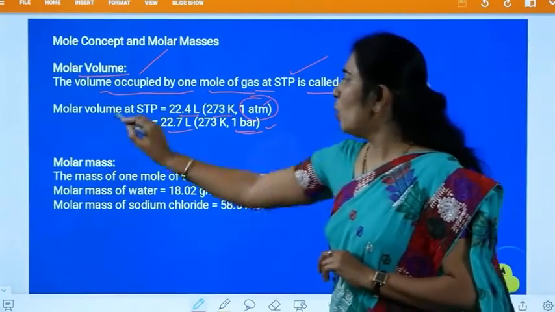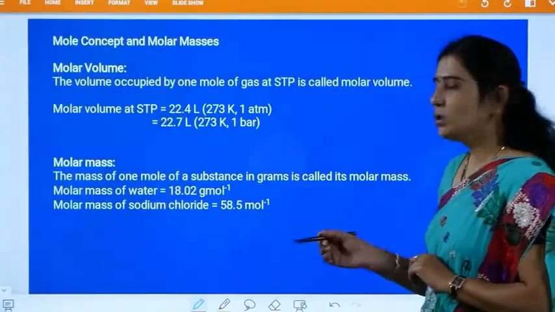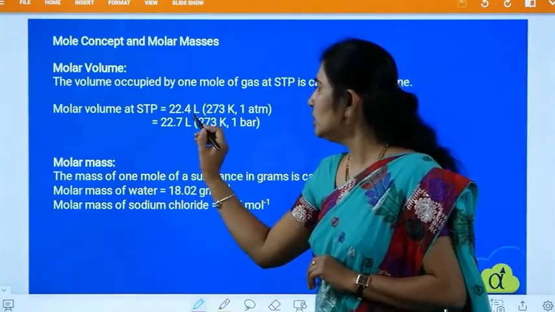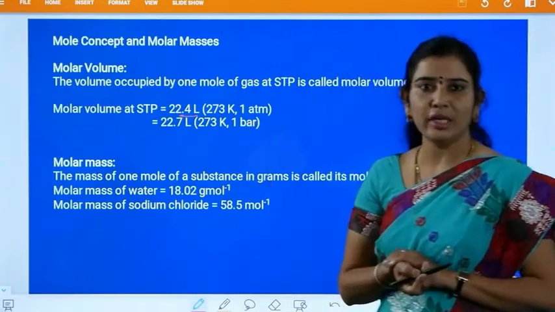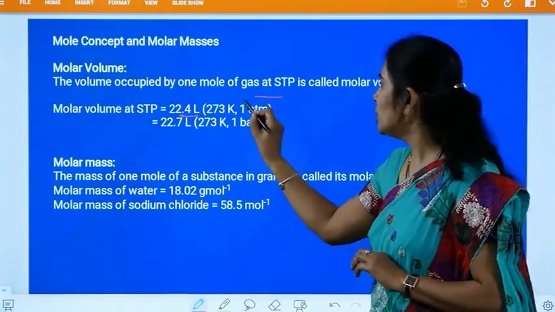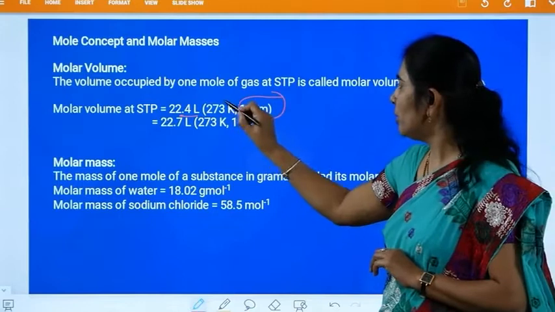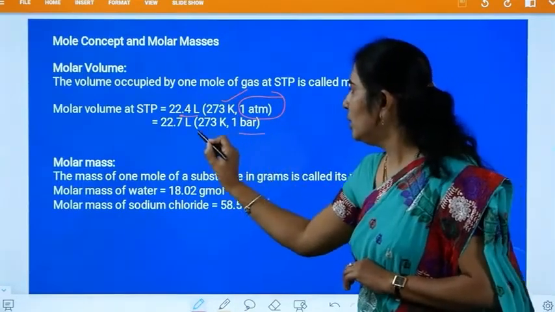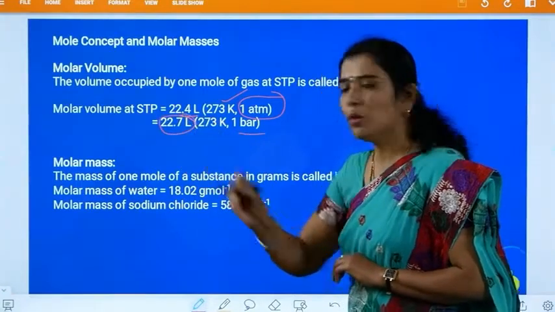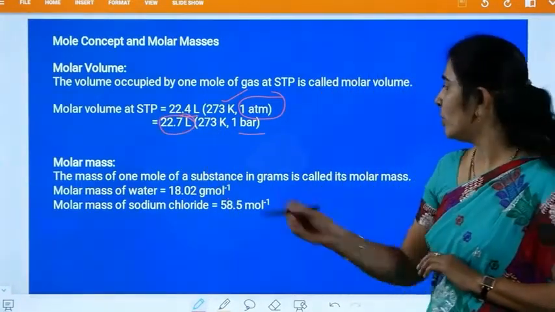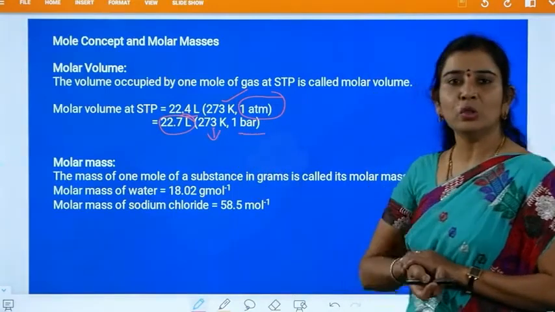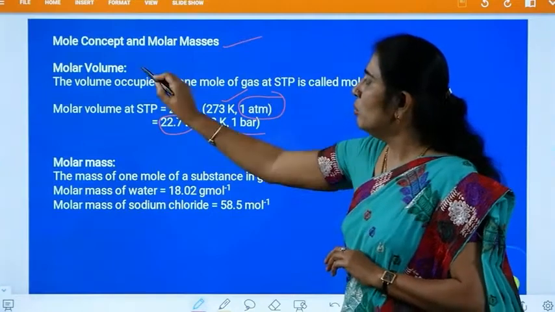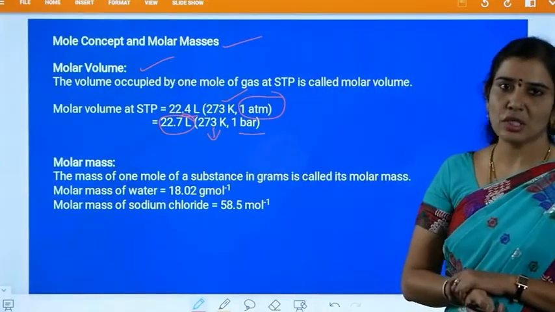Similar to Avogadro number for solids, now for gaseous material, 22.4 is the standard value when the pressure is 1 atmosphere and temperature is 273 Kelvin. If pressure is 1 bar, then the molar volume is 22.7, keeping temperature at 273 Kelvin. Like this, you can express molar volume for gaseous substances.